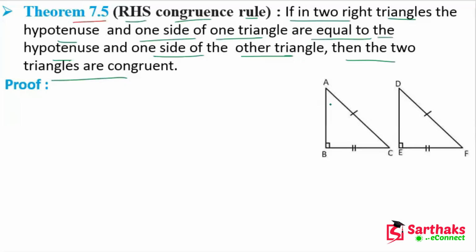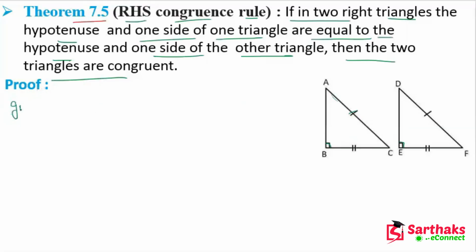Okay. So now in this, angle B and angle E are what? They are 90 degrees. And AC and DF, they are the hypotenuse, which are equal, and BC and EF, one side which is equal. Okay. So now we can say that these two triangles are congruent to each other. Okay. So we have to prove this congruency part.